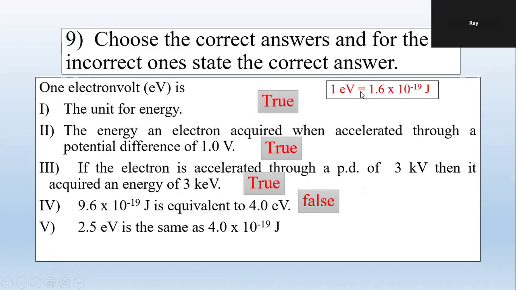That one you need to remember, same as the value for the electron charge. So 6.4 times 10 to the power minus 19 joule is 4 electron volt. How about number 5? Is it true or false? True.